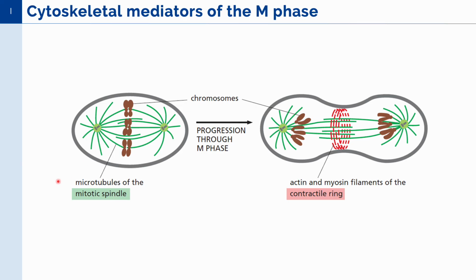These include the microtubules that form the mitotic spindle. These structures pull apart our chromosomes and segregate them equally among the two future daughter cells. Now, when those two cells are ready to divide, then another cytoskeletal element forms, which is called the contractile ring. This ring keeps on getting tighter and tighter until it divides these two cells.